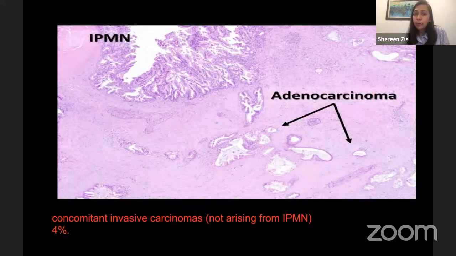Adenocarcinomas that arise from IPMN, usually they are tubular adenocarcinomas. However, like in our first example we saw, they can also be colloid carcinomas. That's one of the variants of the pancreatic ductal adenocarcinomas.